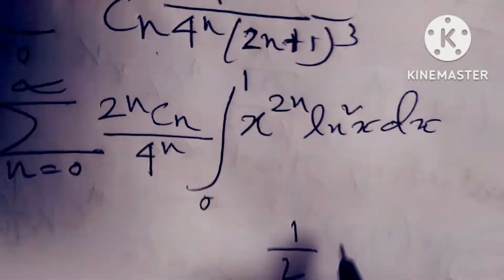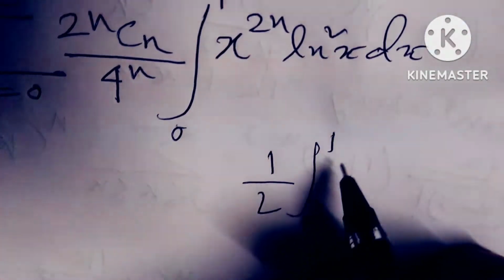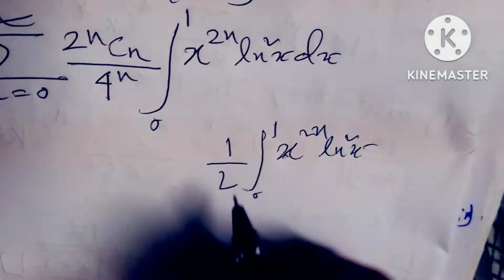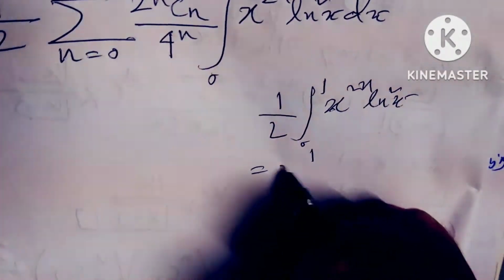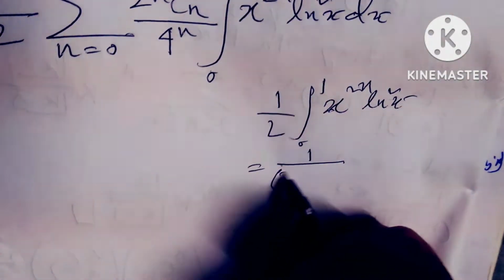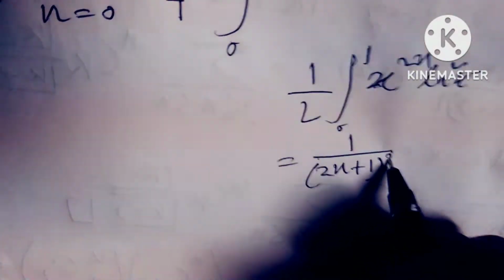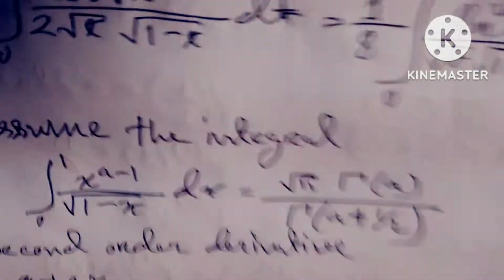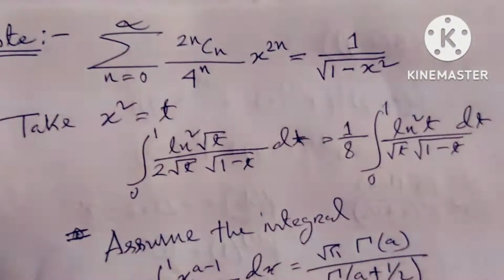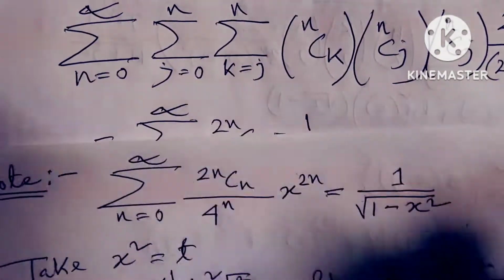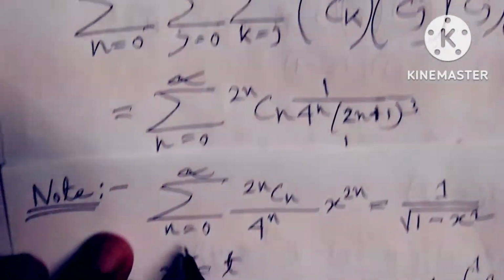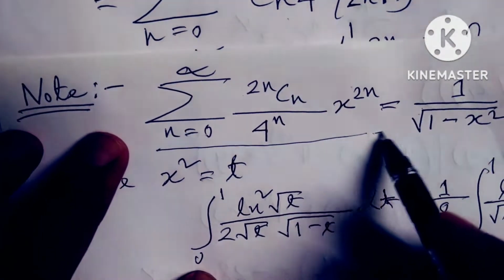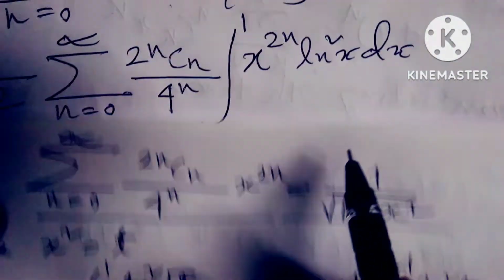Because 1 by 2 integral 0 to 1 of x to the power 2n ln square x equals 1 by (2n plus 1) whole cube. Now friends, I recall a note: you will see that summation C(2n,n) over 4 to the power n x to the power n equals 1 over root of 1 minus x.